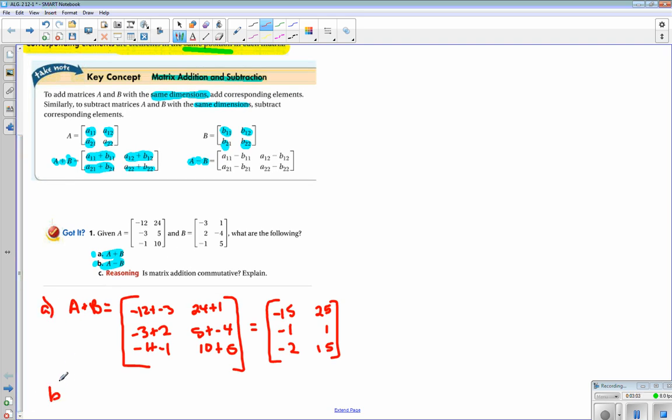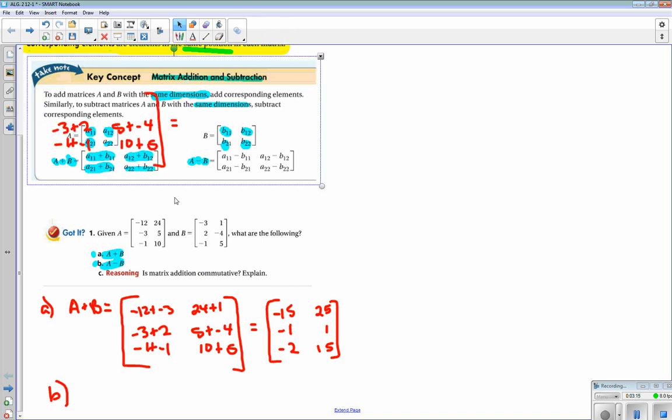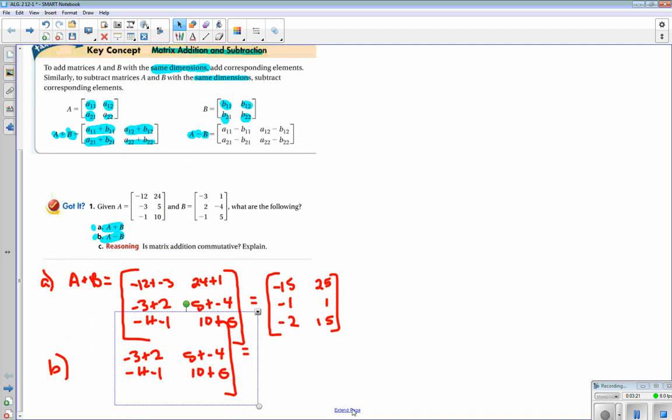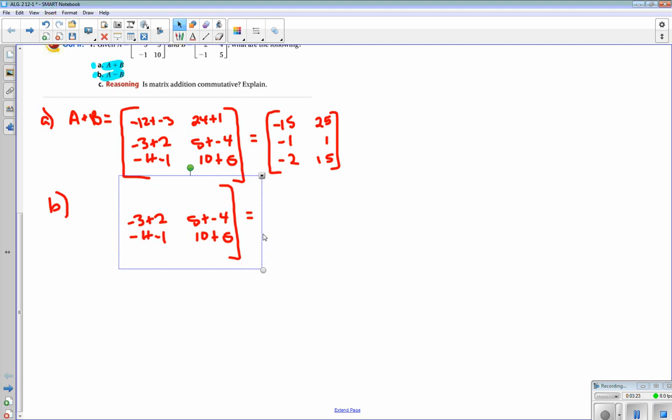So now we're going to do the same thing. And if you watch here, I'm going to be Sneaky Panda and just copy this item.